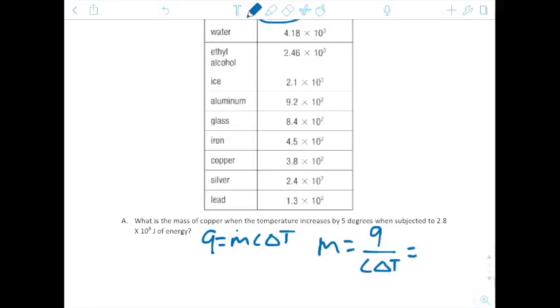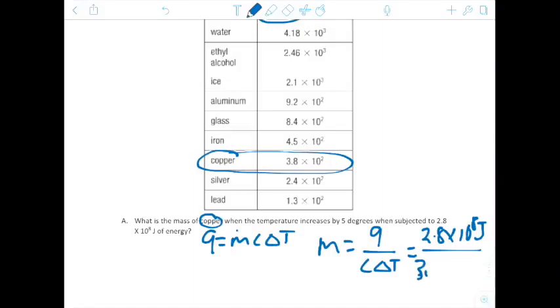So what we get is Q is 2.8 times 10 to the 8th joules all over our specific heat. It's of copper, so we look up here. There's copper. There's its specific heat, 3.8 times 10 to the second. And then we have temperature. And it's change in temperature. So it increased by 5.